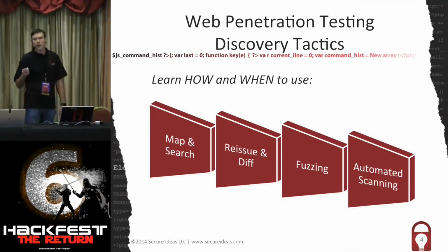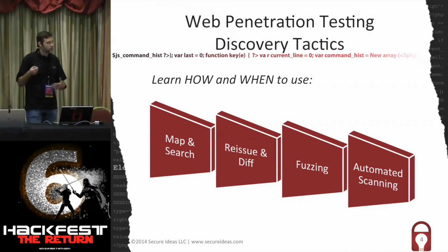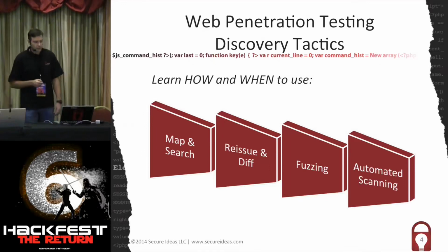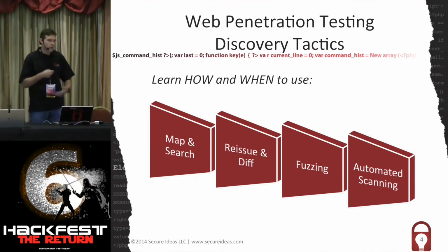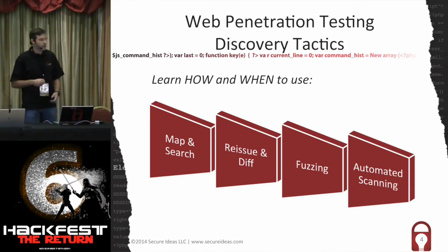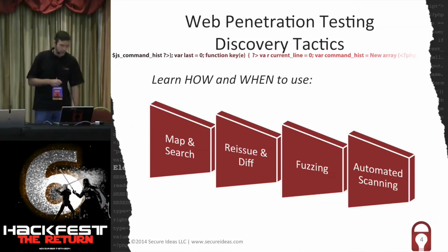You need to know how to map out a web application and understand how it works. And then you need to be able to search over those results. You need to understand how to take a web request and then reissue that request and check the different responses that you get when you manipulate the input values, the parameters, cookies, and so on and so forth.